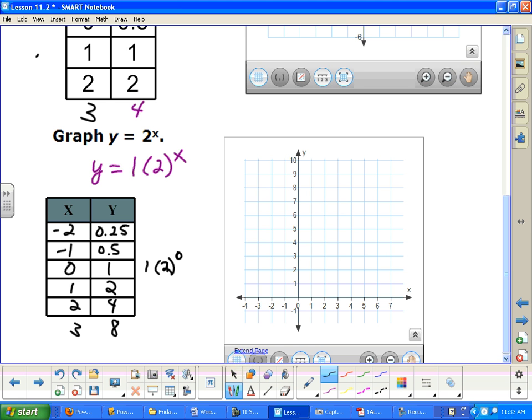Okay. Now, if I just understood my handwriting here, so I could just flip that over there onto the graph, I'd be all set. The smart notebook's only so smart. Okay. So then we would plot those points.